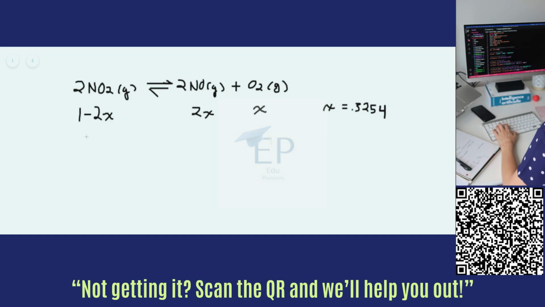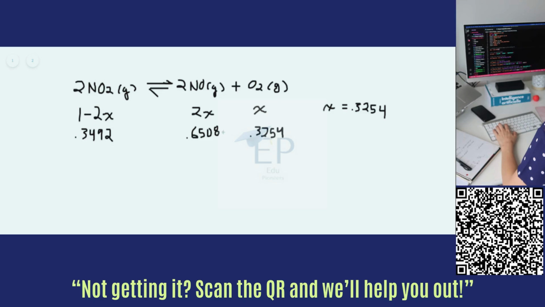We can figure out what each of these are. This would be 0.3492. This would be 0.6508. And this would be 0.3254.